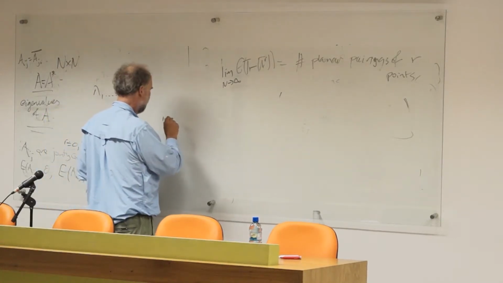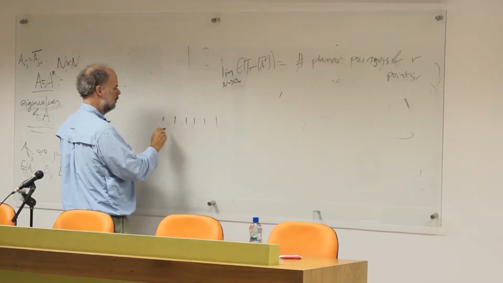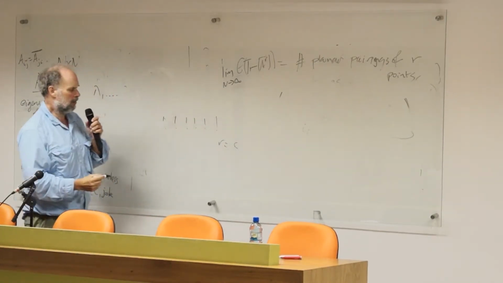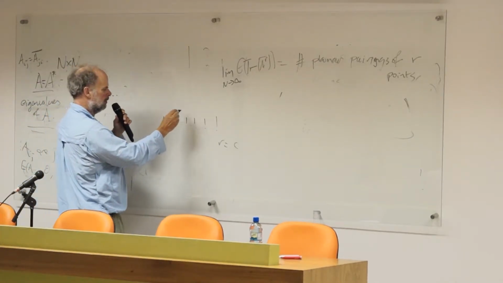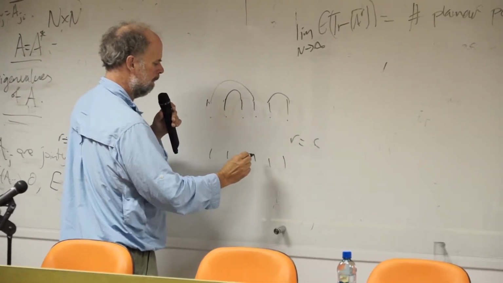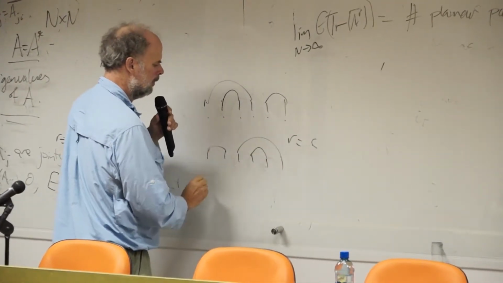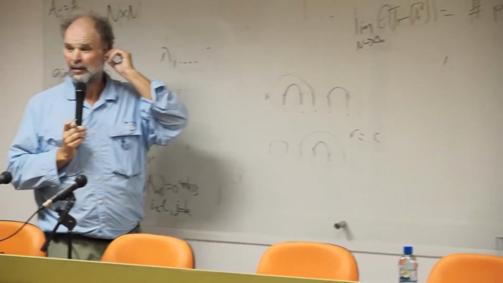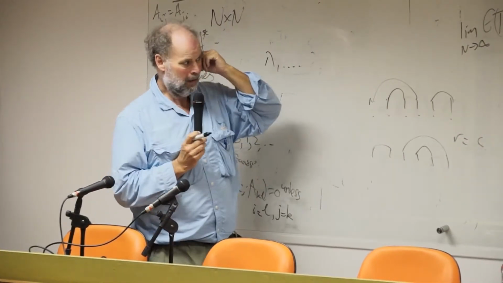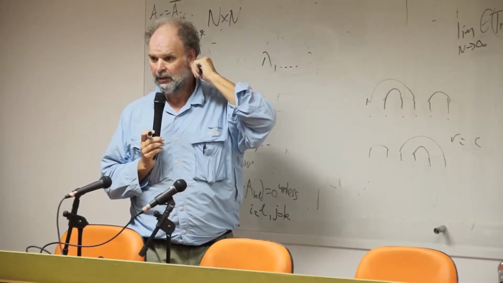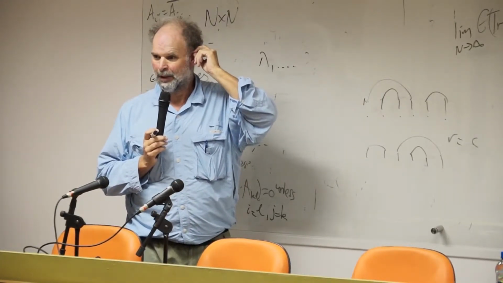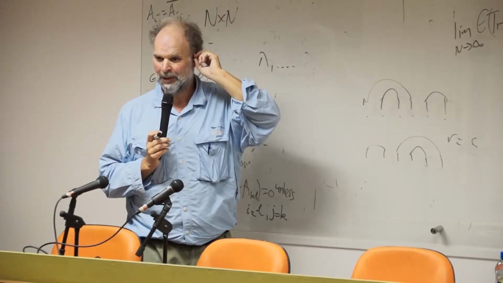We take R points, 1, 2, 3, 4, 5, 6, R, and we count the number of ways we can pair these points up in the planar way. So there's that way, that's a pairing, and here's another one. And so on. So does anyone happen to know what the answer is to that? The number of ways of pairing up R points in a planar way.